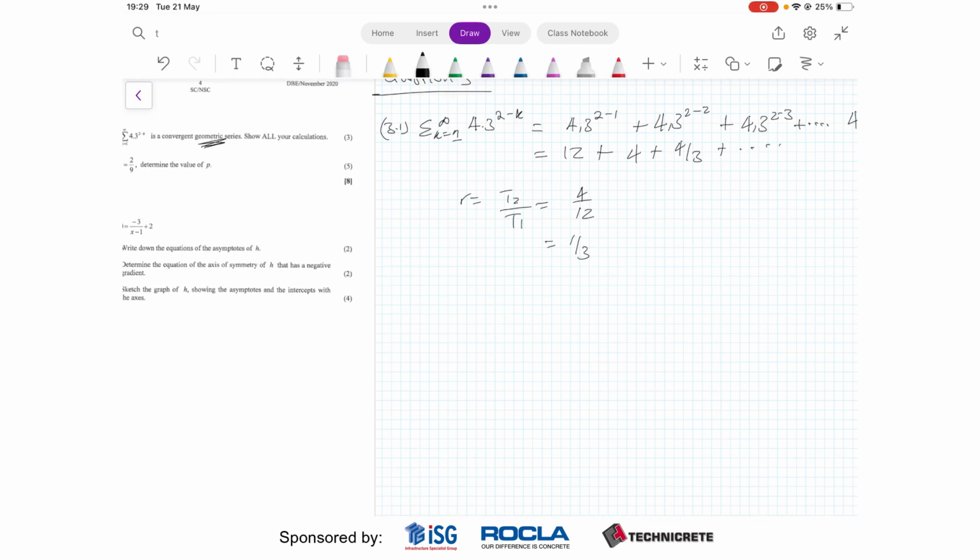And we know that in order for a series to be convergent, the common ratio has to be between minus 1 and 1. And indeed, our r is between minus 1 and 1. 1 over 3 is between minus 1 and 1.